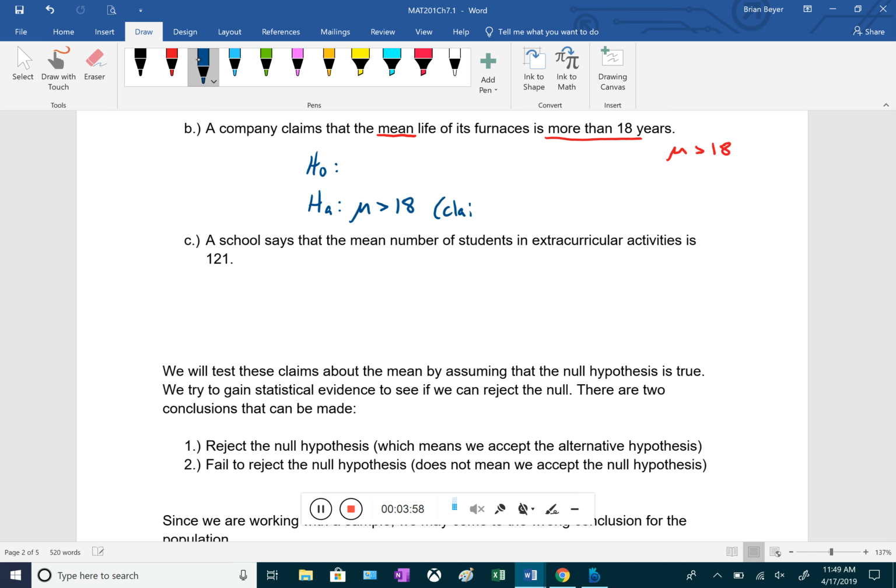So the alternative is our claim again. And if that is the alternative, then the null has to be mu less than or equal to 18. So once again, they're complete opposites.